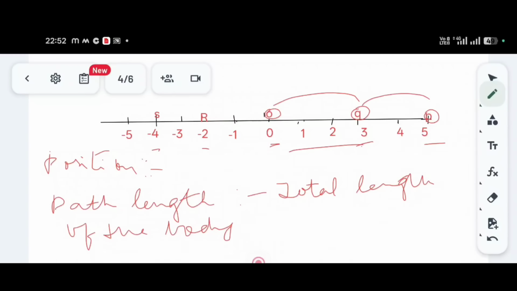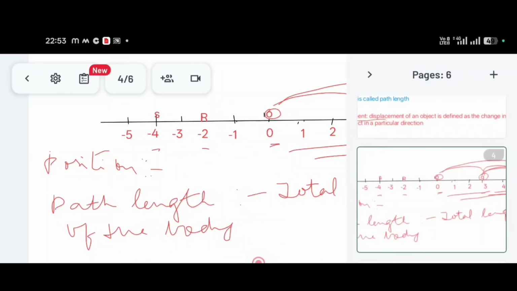Again from Q to P, we add 2. So this is the total distance, that is the path length. Then displacement: if the particle moves from 3 to 0 to 5 and again comes back to 3, we take it as minus because it is going in the opposite direction. Hence this is the difference between position, path length, and displacement.